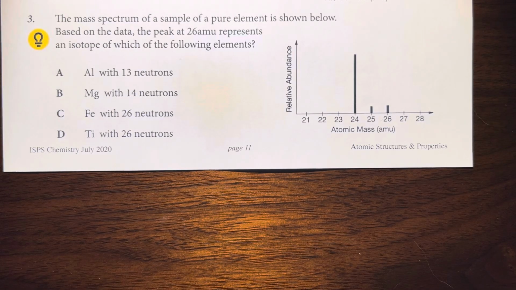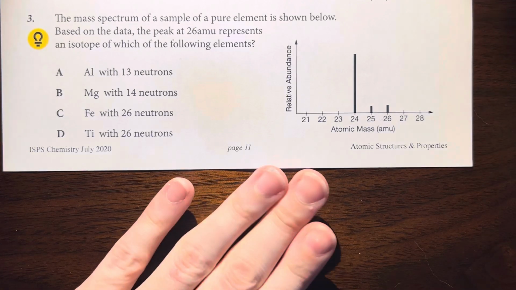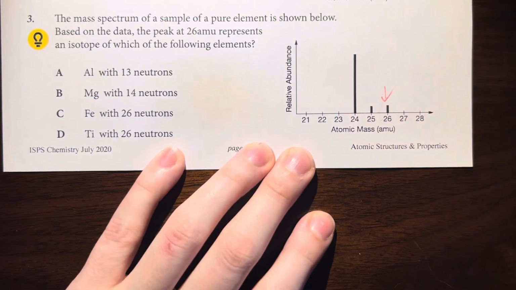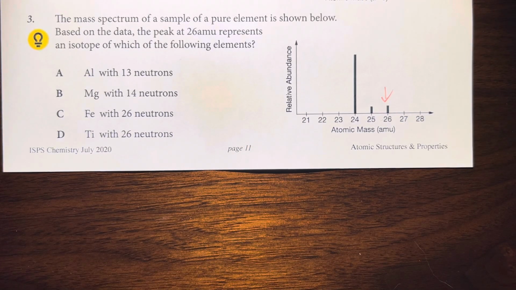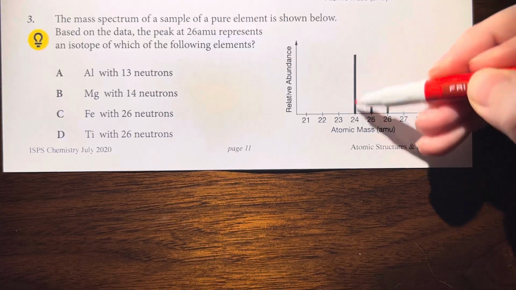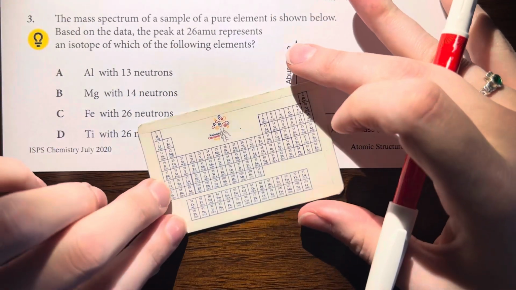The mass spectrum of a sample of a pure element is shown below. Based off of the data, the peak at 26 AMU represents an isotope with which of the following elements? Okay, so we have a mass of 26. We're going to mostly be right around 24 as our overall mass there.